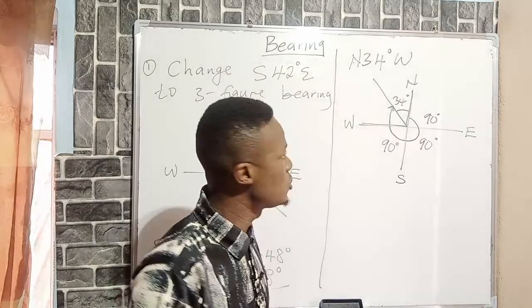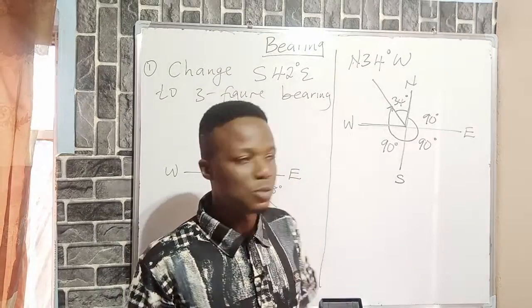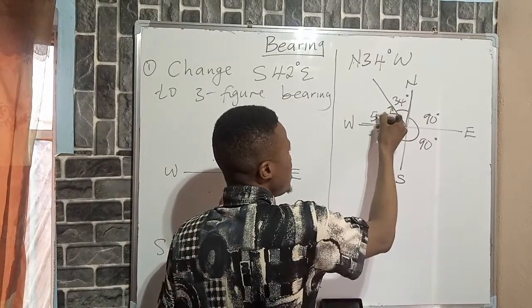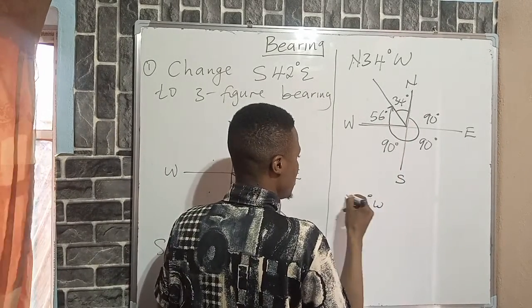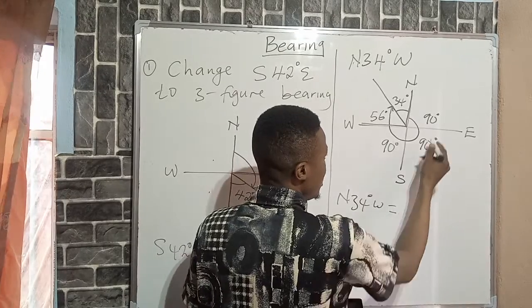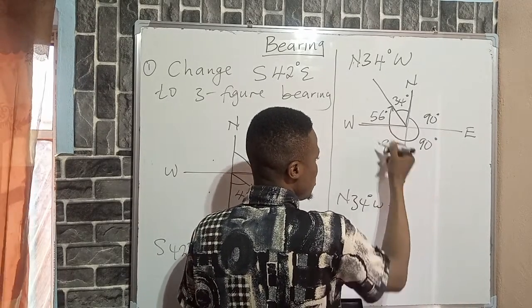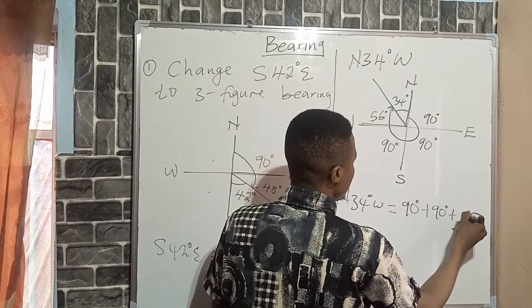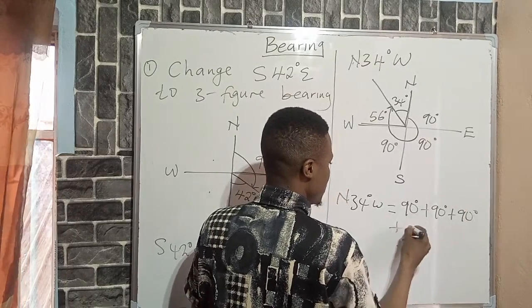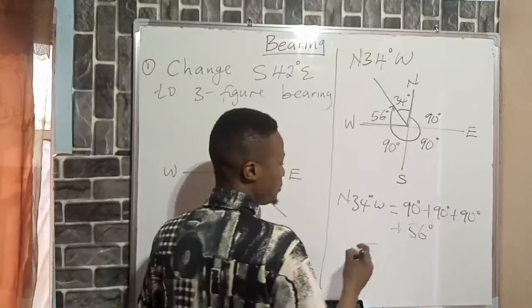So all you have to do is to remove 34 from 90, giving you 56 degrees. Therefore, 34 degrees west of north should be equivalent to 90 plus 90 plus 90 plus 56.